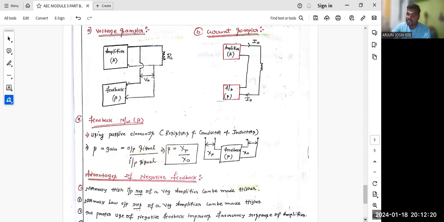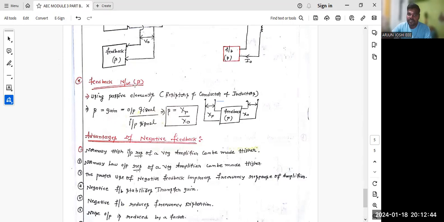For the mixer, if you want to compare voltage, we connect in series. But if you want to compare current, we connect in parallel, shunt. But the sampler is on the output side. For voltage sampling, we connect in parallel. For current sampling, we connect in series. Okay.